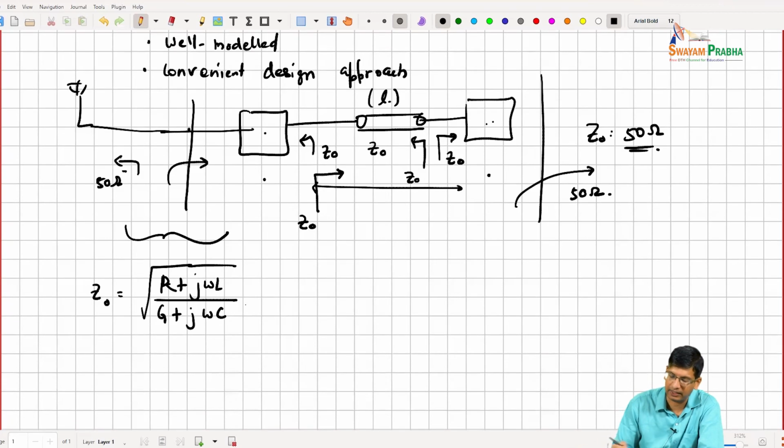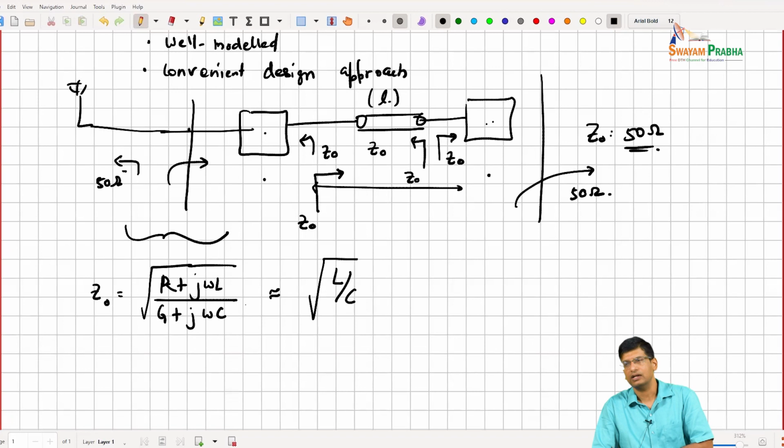Which, assuming that we are in a situation where R is very small and G is very small, we typically approximate to square root of L over C. So your unit inductance divided by your unit capacitance.